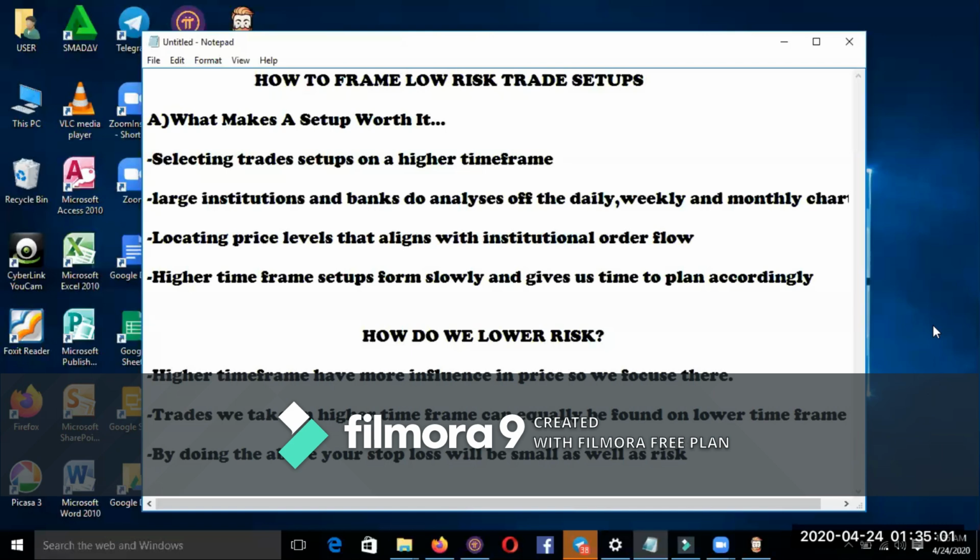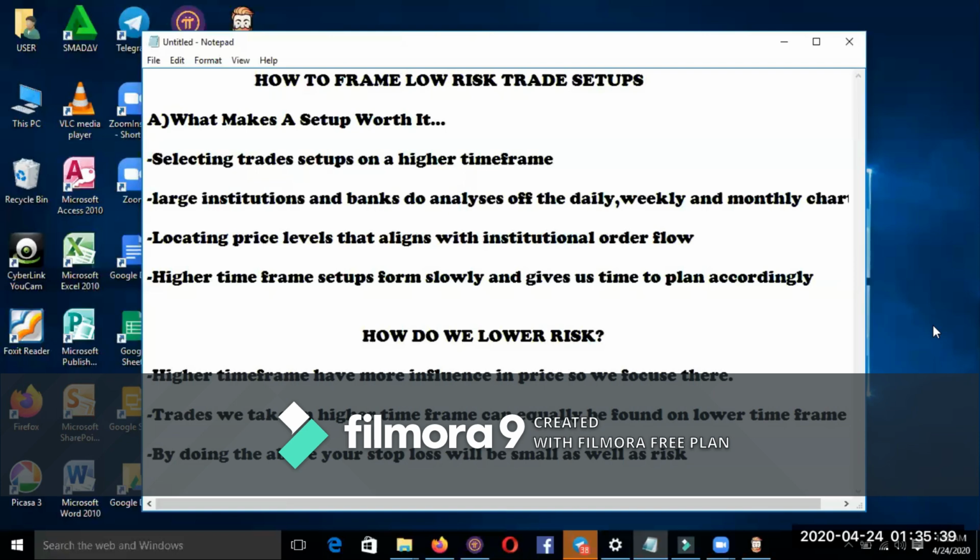So, locating price levels that align with institutional order flow. You saw how I told you that you can take your trades off of Fibonacci, and you see when you combine all that with the higher time frame.